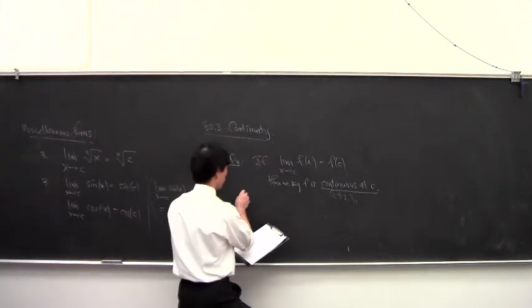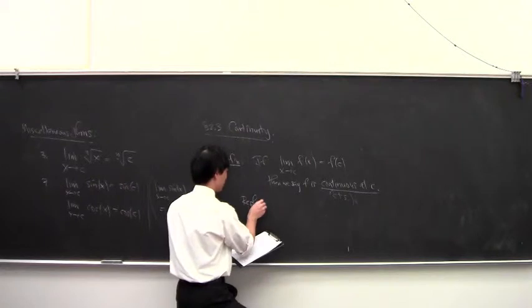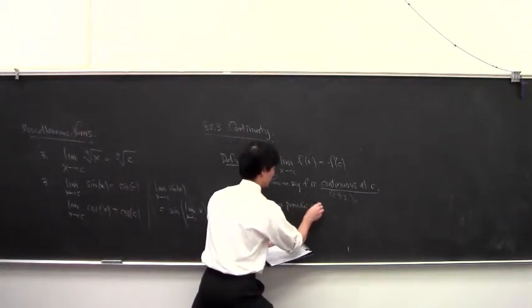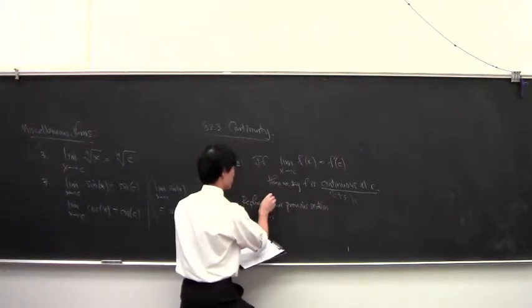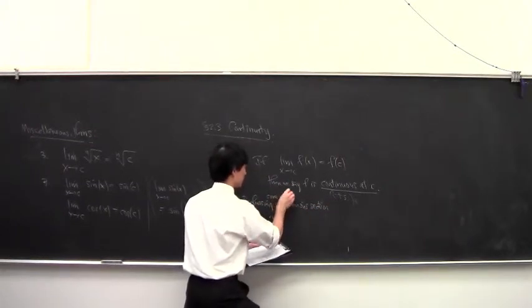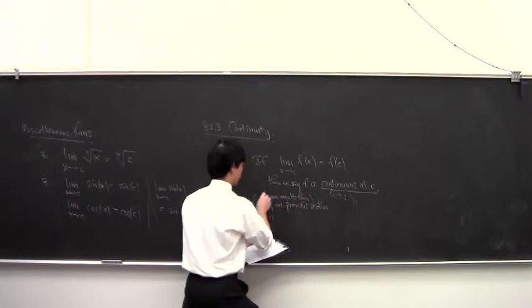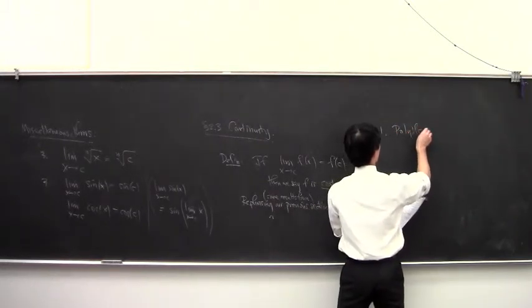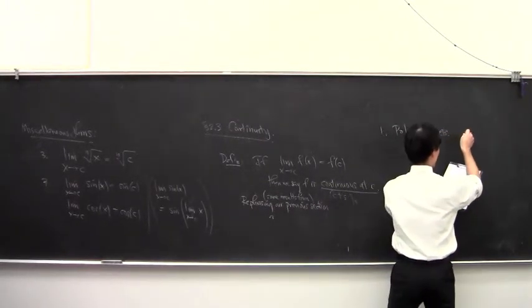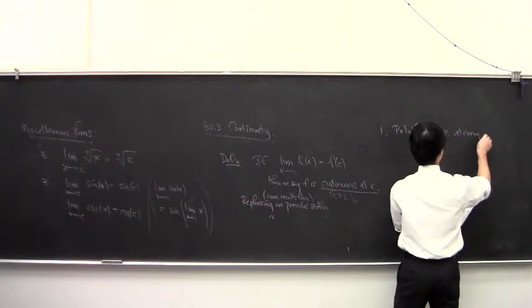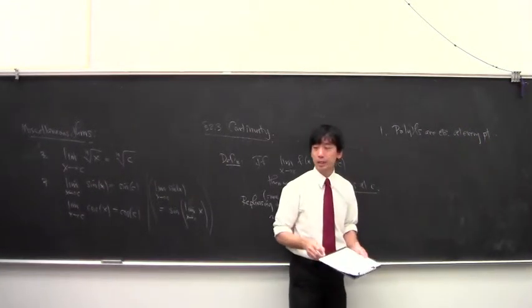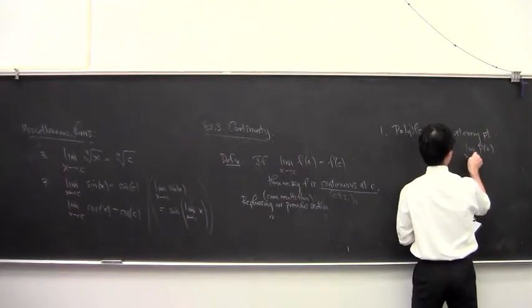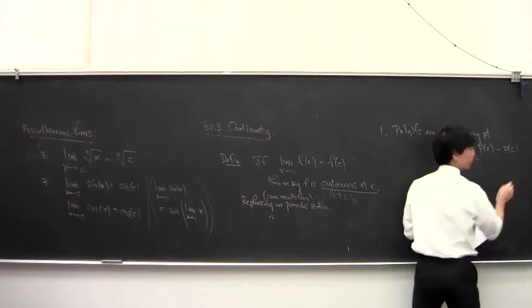So rephrasing some results from our previous section, you could say, one, polynomials are continuous at every point. We saw that the limit of a polynomial as x approaches c, you just evaluate the polynomial at c.